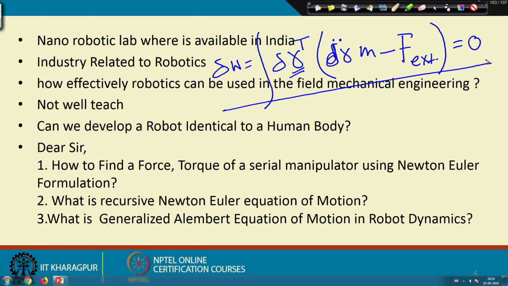Now, there will be residual magnetism, but this residual magnetism may not be enough to grip that particular object, because the object is having its own self weight, and due to the self weight, although there will be some residual magnetism, this magnetic object will be separated out from this magnetic gripper. Any other?